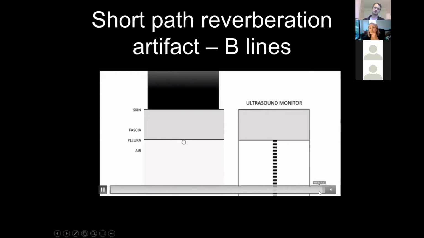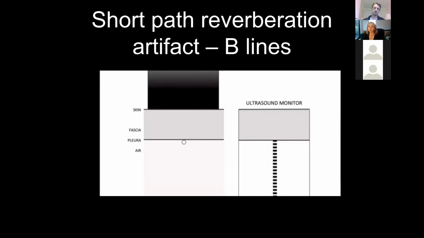In reality, the little spheres, the alveoli, are so small that these reverberation artifacts become confluent, and you just have this one continuous light beam sign. If you've got it on a curvilinear probe, that will look like it's widened just because of the curved sector shape of the probe. So you get this light beam effect.